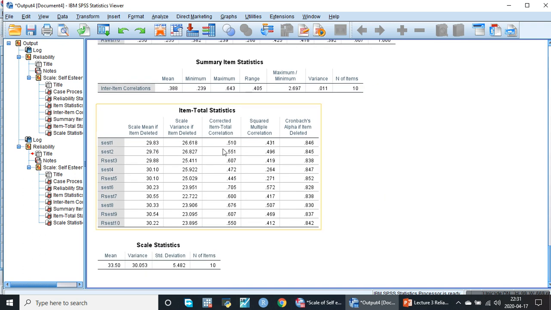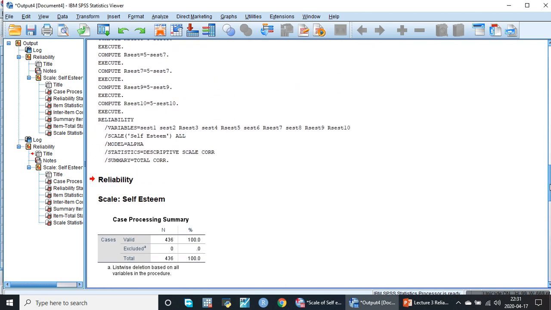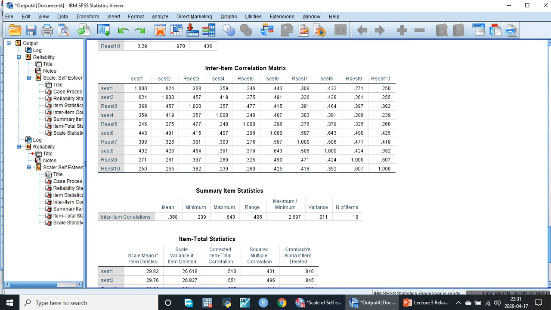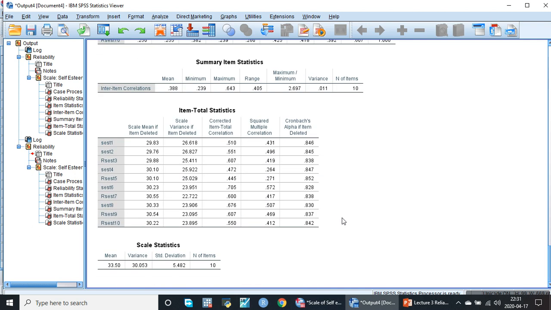And these are the corrected item correlations. We will look for these values. If the Cronbach's alpha value is very low, then we will remove the lowest value from this column, the corrected item correlation, to make it better. For example, our Cronbach's alpha value is 0.854.